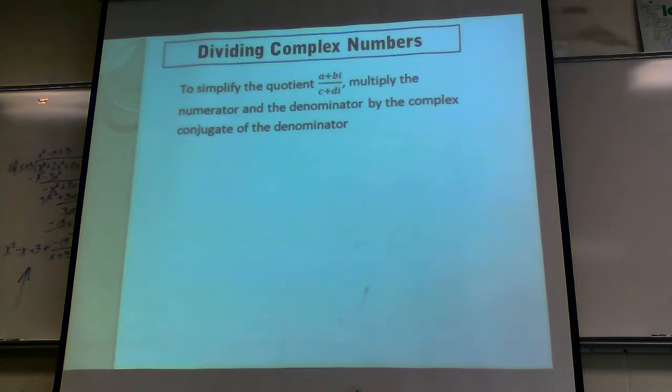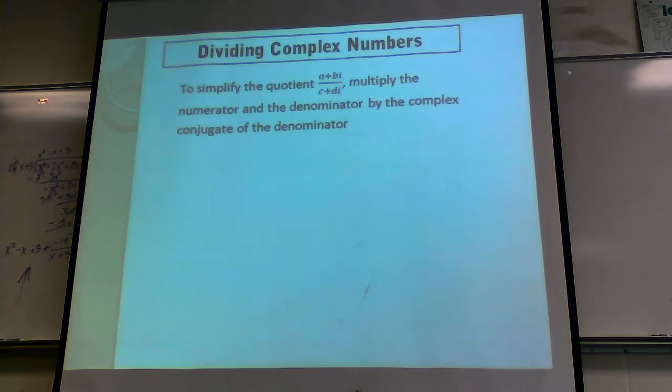When you simplify these, or when you divide two complex numbers, basically what you do is you take whatever the bottom is, and you do the complex conjugate of that denominator and multiply top and bottom by it. If you remember, the complex conjugate is just the opposite sign in the middle. So if it was c plus di, the conjugate would be c minus di.